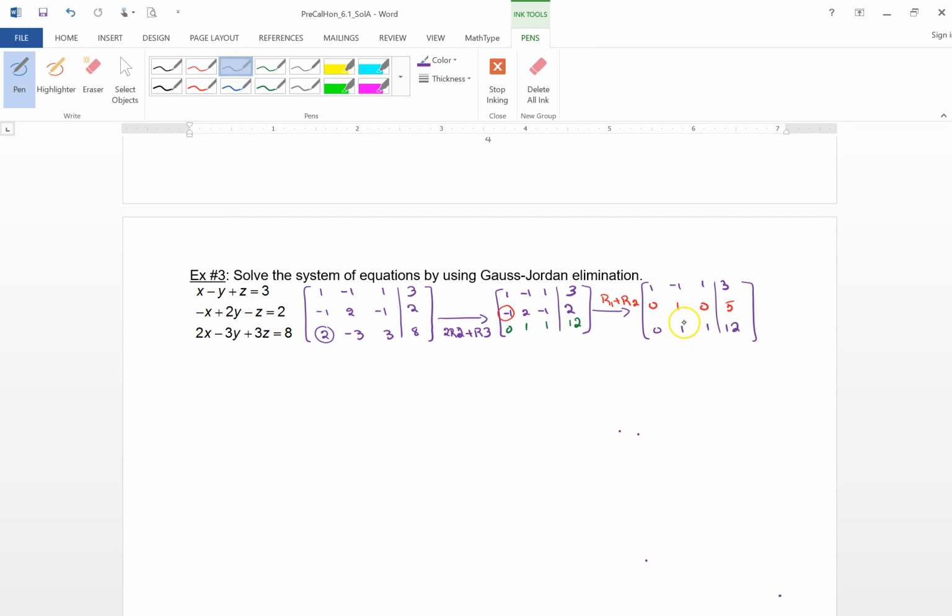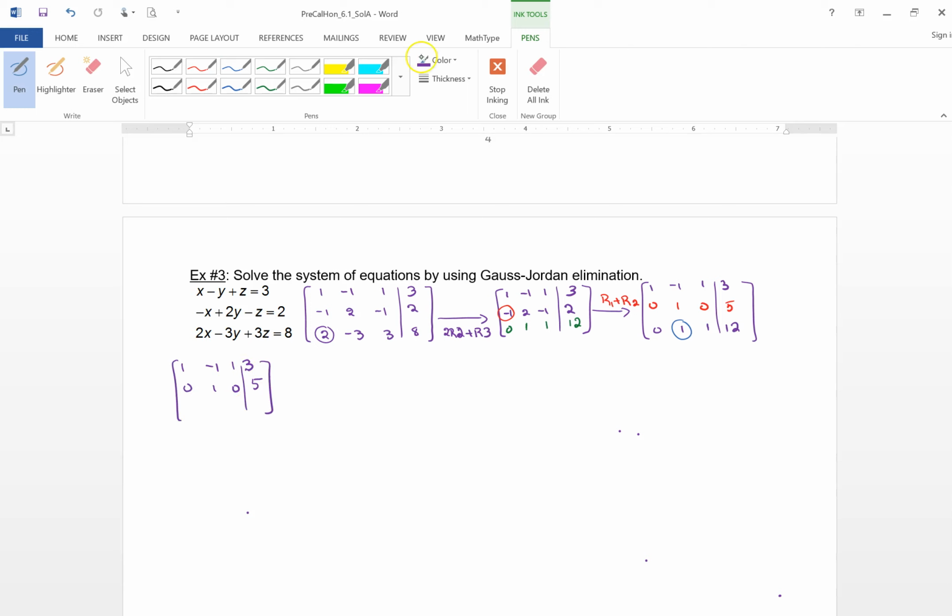Now, the next one I want to do is this. And to do that, I can do R2 minus R3. So let me just copy over the first 2 rows, and it'll be 1, minus 1, 1, and 3, 0, 1, 0, 5.